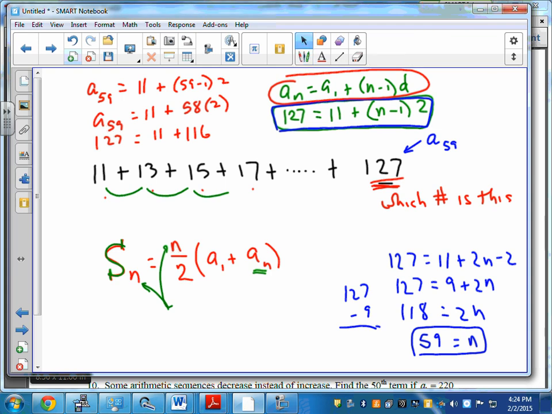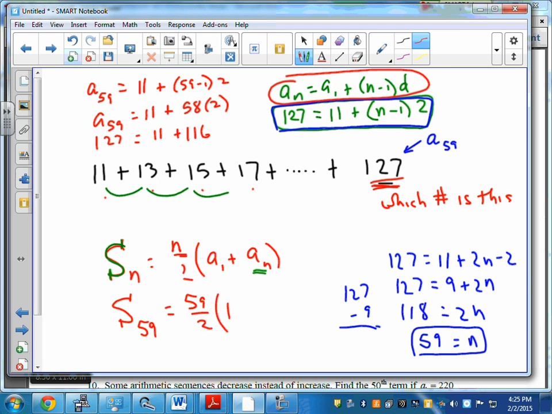Okay, so all that preliminary work, now we go ahead and add these up. Here is our little Gauss's formula. The sum of the first 59 terms is going to be 59 divided by 2 times the first term, which is 11, plus the 59th term, which is 127.